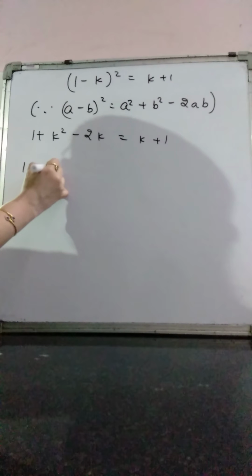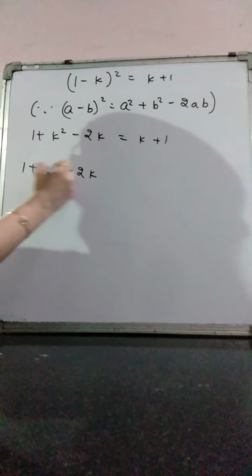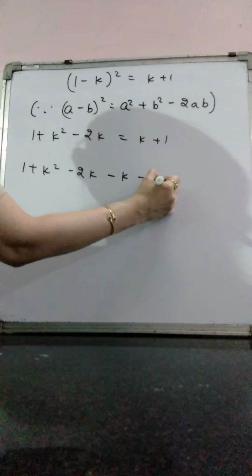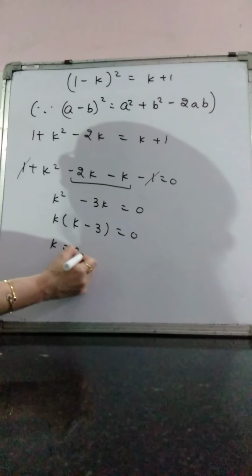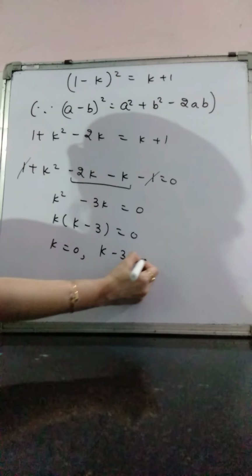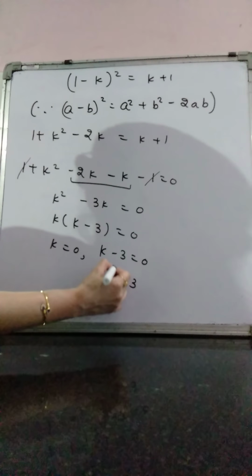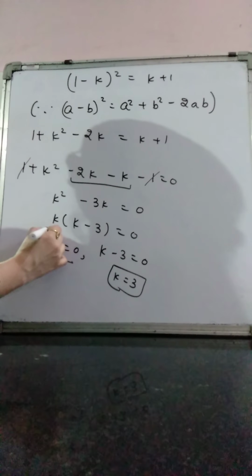Collect all terms on one side. Minus k minus 1. 1 and 1 minus. Minus 2k minus k will be minus 3k. Take k common: k into (k minus 3). Equate them to 0. The value of k will be 0 and 3.